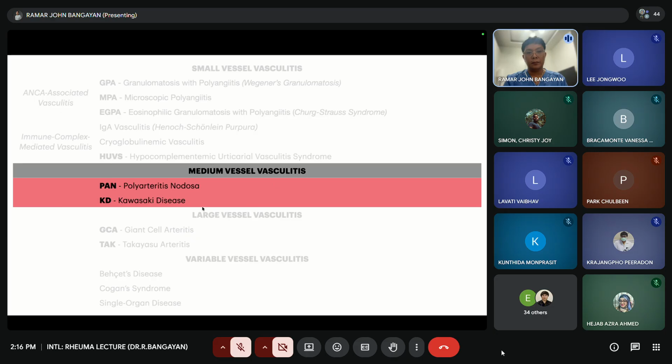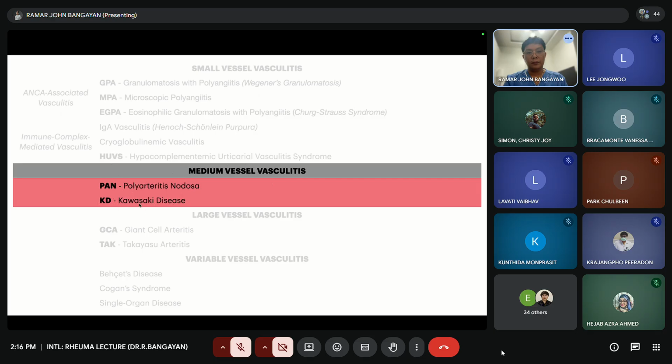Most of the time, these are the vessels located in your internal organs. It's relatively bigger organs, right? You have your renal, your mesentery, and so on. Now, I'll try to discuss Kawasaki disease. Why? Kawasaki disease is commonly seen in the pediatric population.